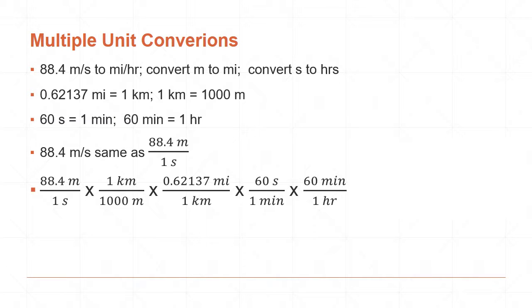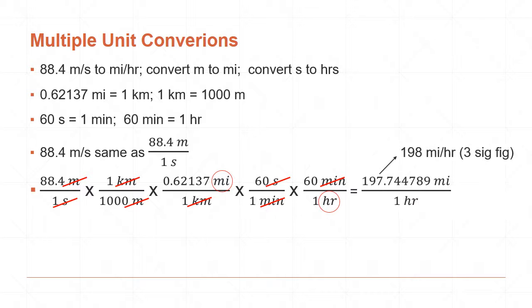So I want to cancel the minutes and leave the hours. So here is my final result for this particular portion of my calculation. So when I go through and cancel all the units, you can see all I'm left with is miles and hours.